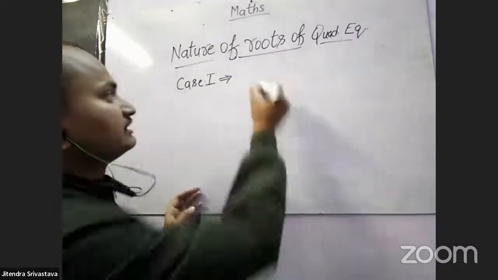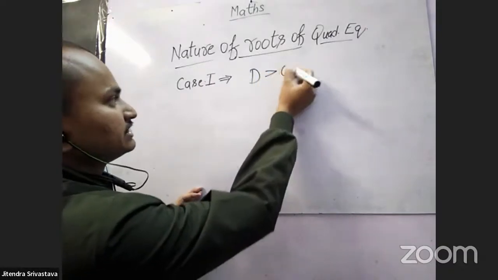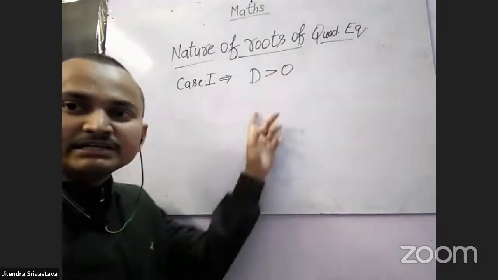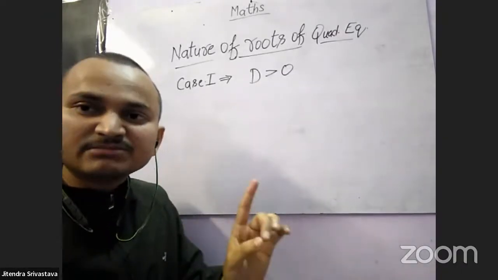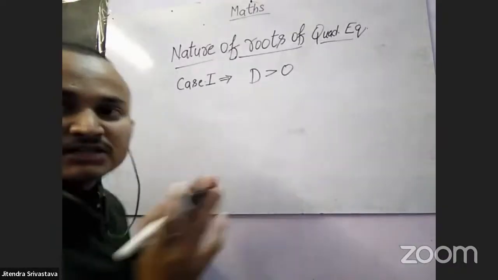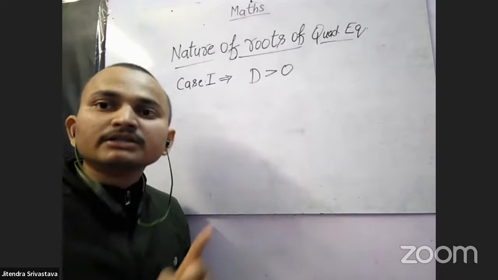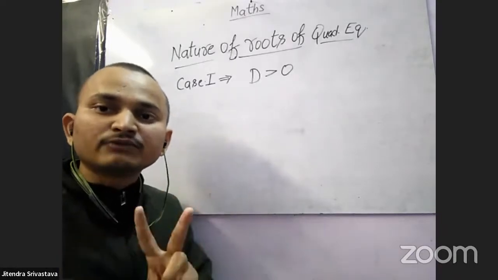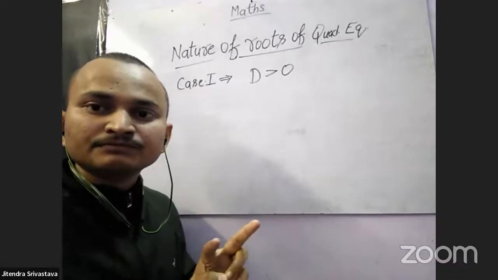If D is greater than 0, D meaning b square minus 4ac, always remember that, the discriminant. In this case the roots will always be real and unequal. The both roots are not equal in this case. Both the roots will not be equal.